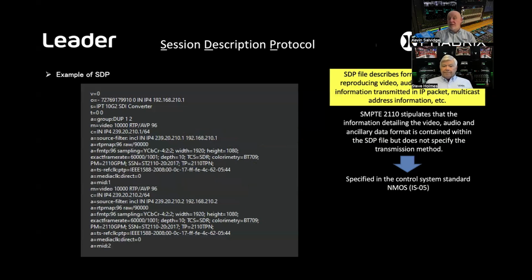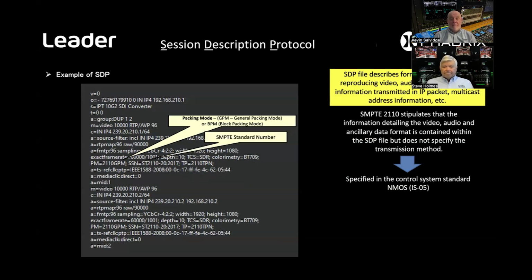And that leads us nicely into the last line that we haven't talked about yet, which actually refers to 2110. The first one talks about the packing mode, whether it's a general packing mode, so a GPM, or a block packing mode, that's a BPM. And that is going to be specified by the sender. The next one is the SMPTE standard number. Video is 2110-20.